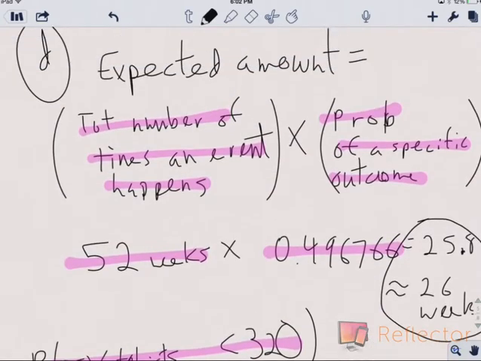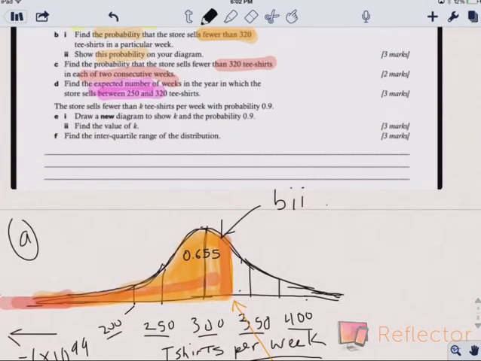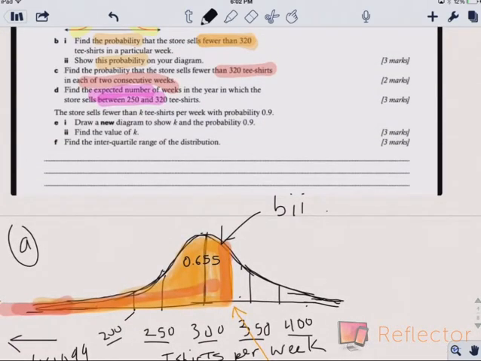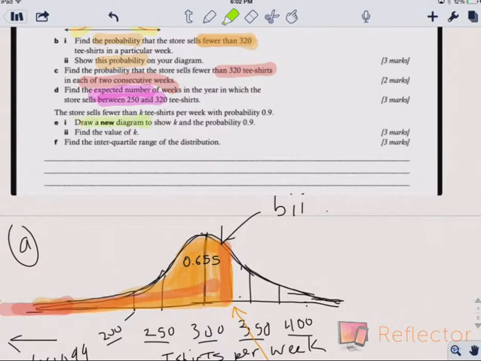So the next question is draw a new diagram to show K and the probability 0.9. We were told before the store sells fewer than K t-shirts per week with a probability of 0.9.